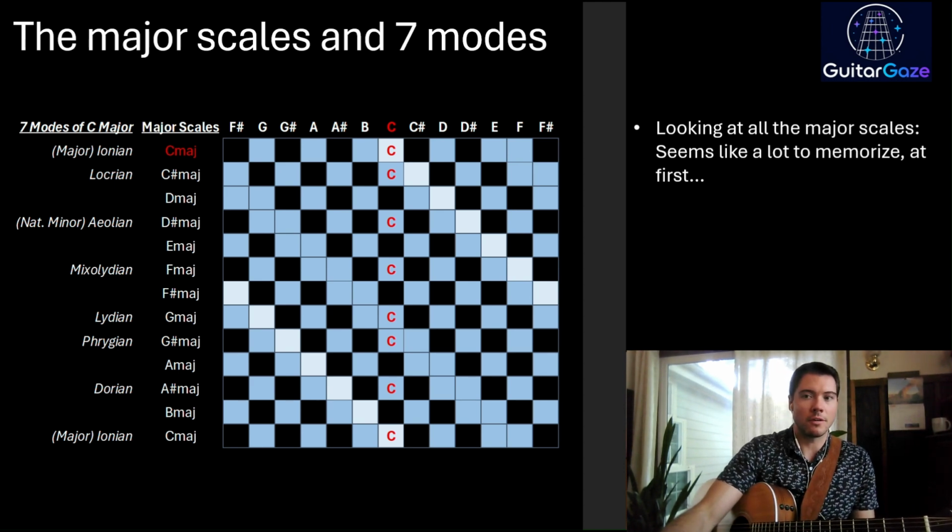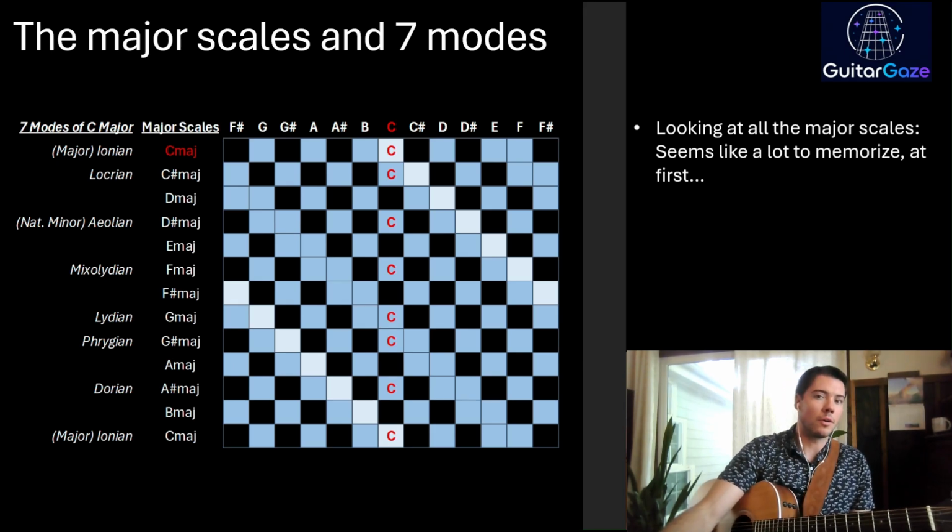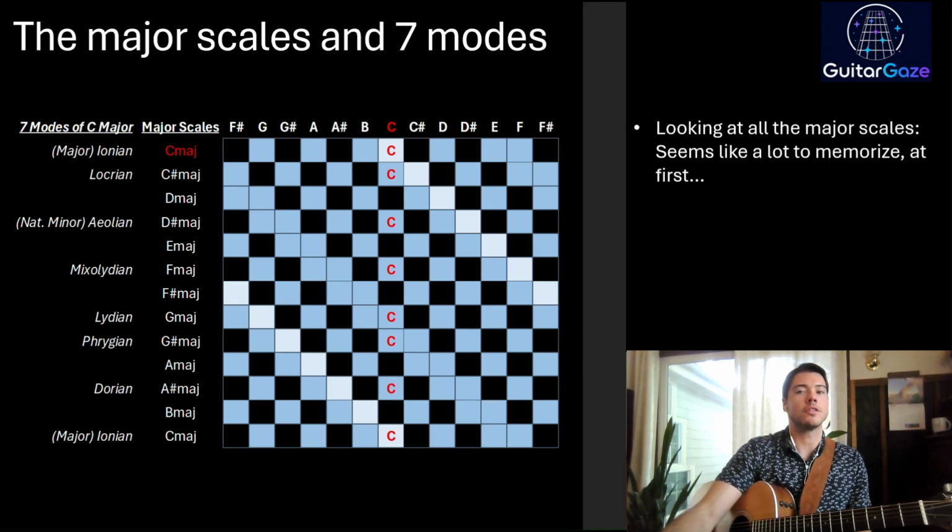For example, in the Locrian mode, C is positioned a half step lower relative to its original position in the major scale structure, which is the white box. So this is C major, its original location in that whole, half, whole, half structure is this white box.